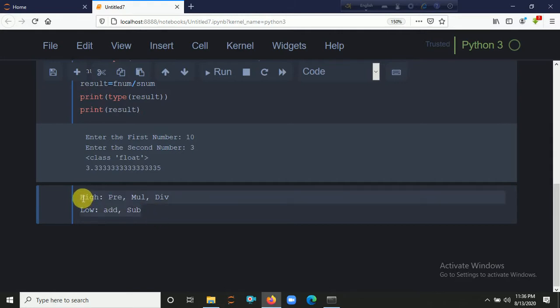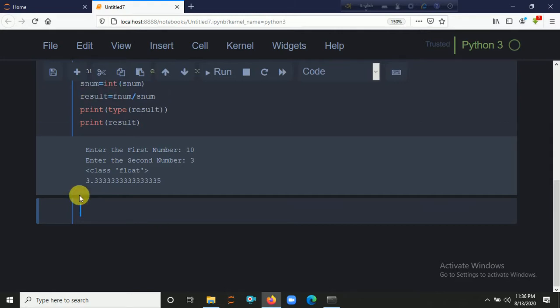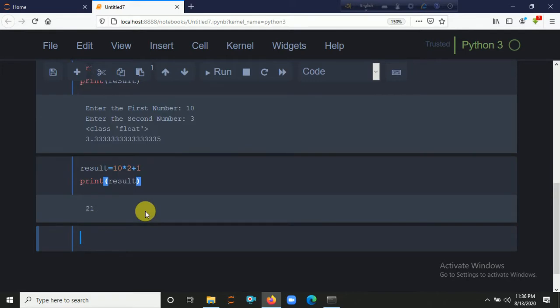Let's take an example here. Let's put result equal to 10 cross 2 and plus 1. If I print the result, you can see 21. Why 21?